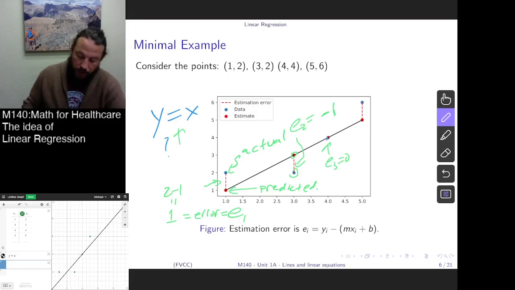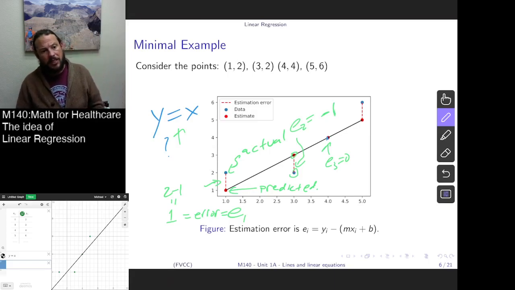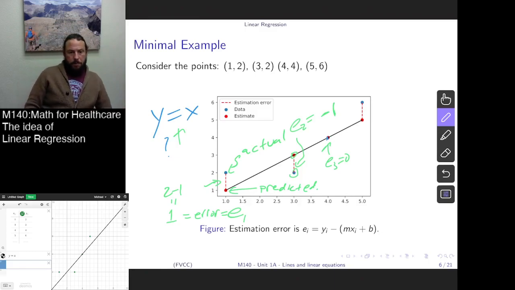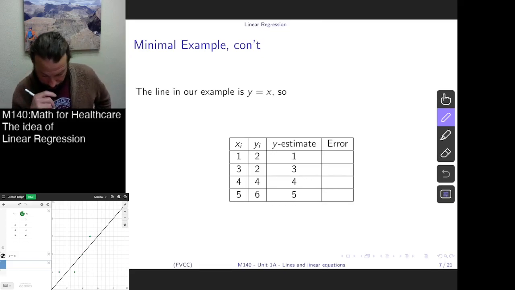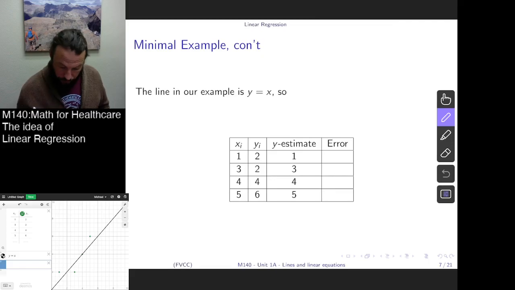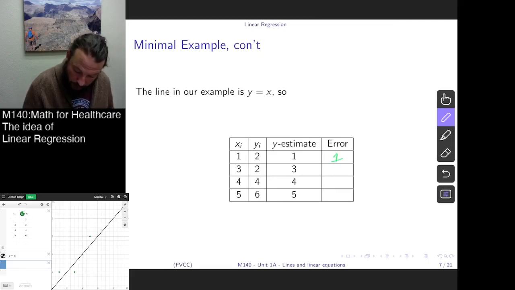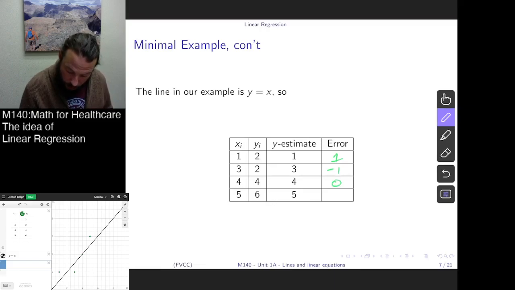Okay, that's just a note, and that's the idea. I think that makes sense for the error, and finding each one of those E_i's. In this case, there's 4 of them, right? So maybe that makes us think what we should do is look at the sum of the errors. Here we have error of 1, error of -1, 0, and 1.